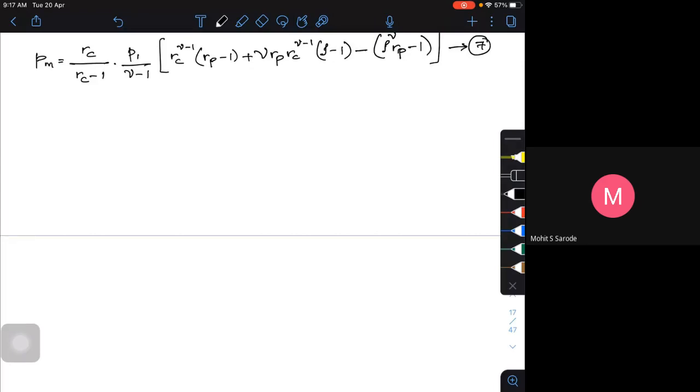The last cycle is called the Brayton cycle, also called the Joule cycle or gas turbine cycle.